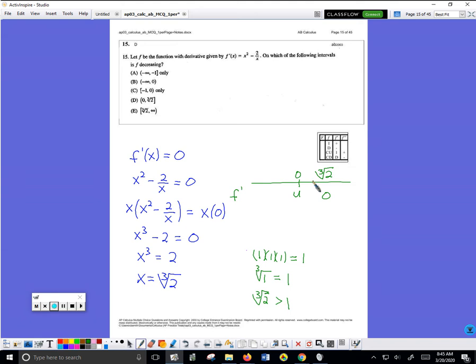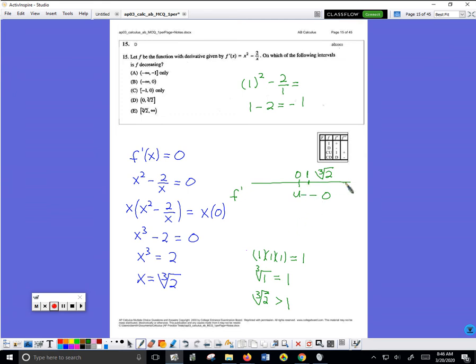So 1 has got to be in here somewhere, because the cube root of 2 is bigger than 1. If I plug in a 1 in place of x, I get 1 minus 2, which is negative 1. All I care about is the negative. So in here, all negative.